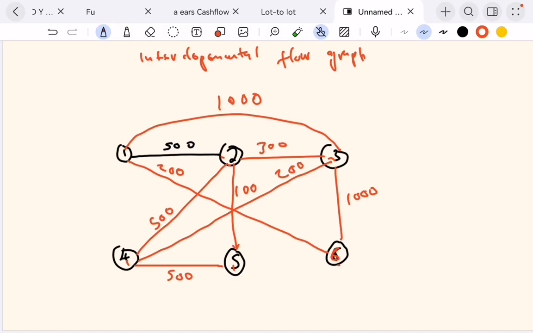So we need to find the total of the numbers. The formula that we are given is that you want to minimize the cost.